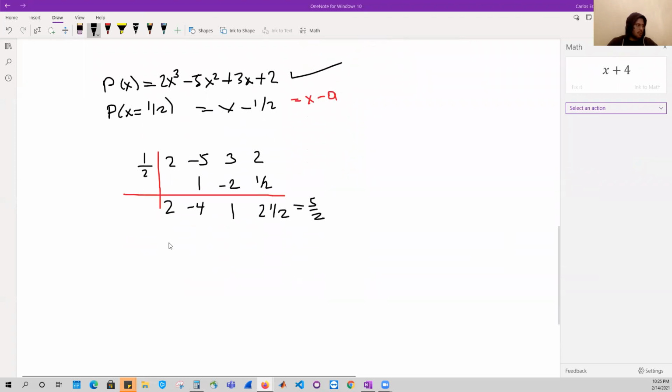So p of 1/2 is going to be equal to 5/2. We can verify this by putting 1/2 into the polynomial, and you're going to get the same result.